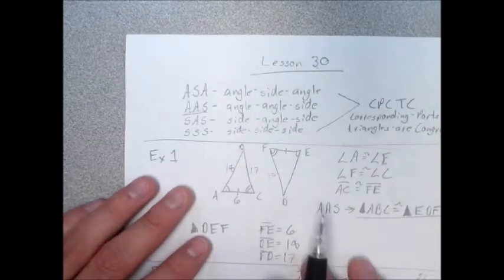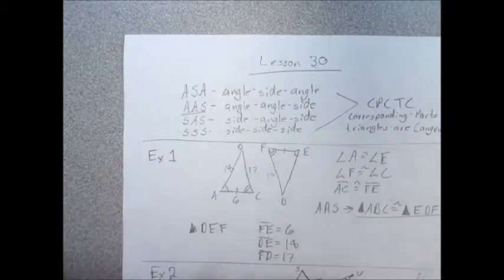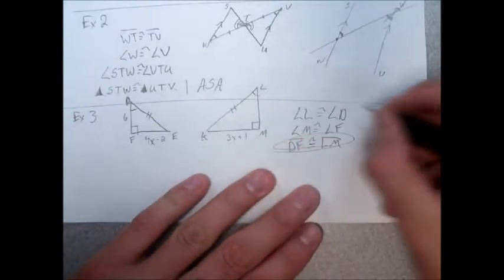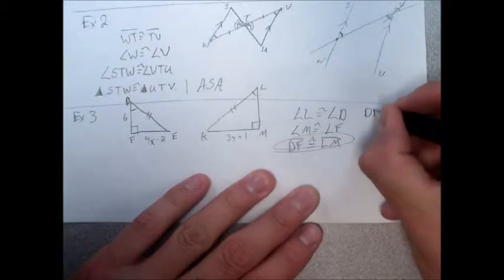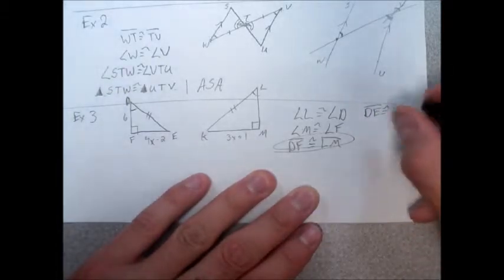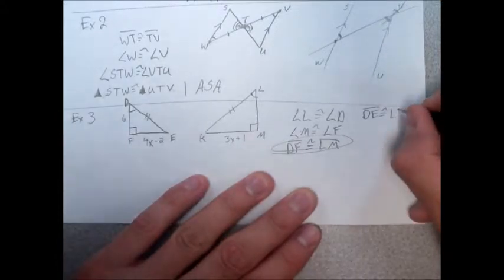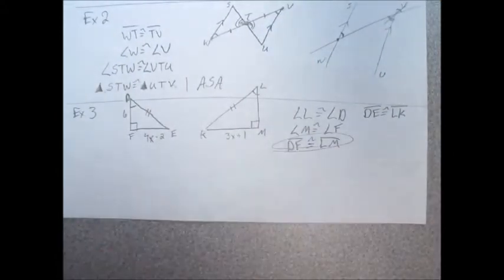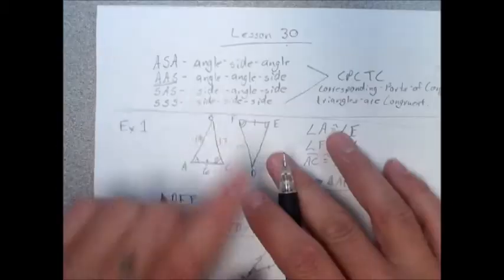Is there a thing that we use that involves two angles and a side? AAS. So, since they gave us that DE is congruent to LK, I can now say that these two triangles are congruent to each other by angle, angle, side.